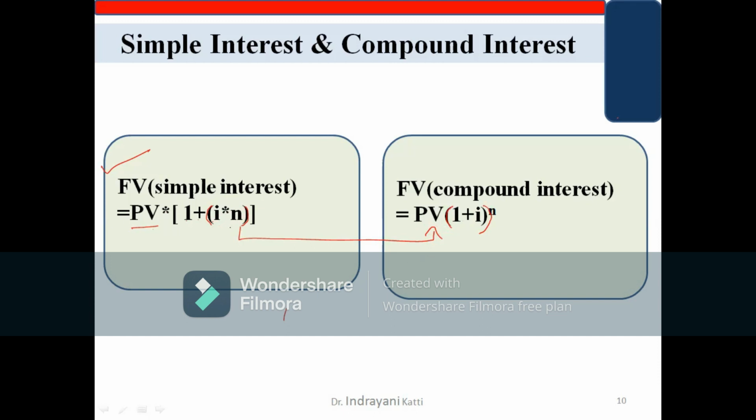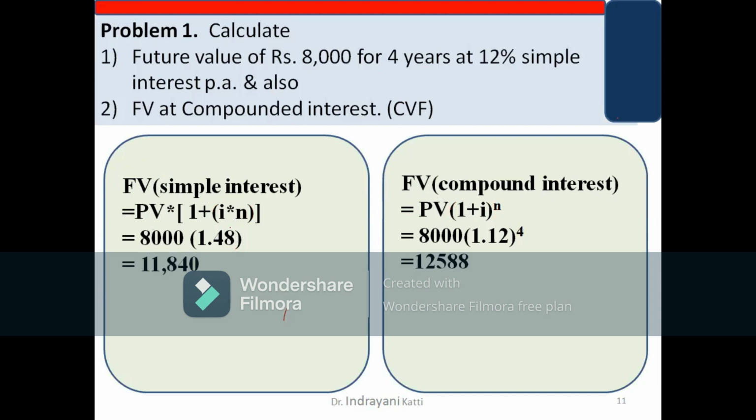So how it is calculated, with an example we will get to know the difference if we ascertain the future value using simple interest and using compound interest. What is that difference we are going to see in this problem? The problem is simple.